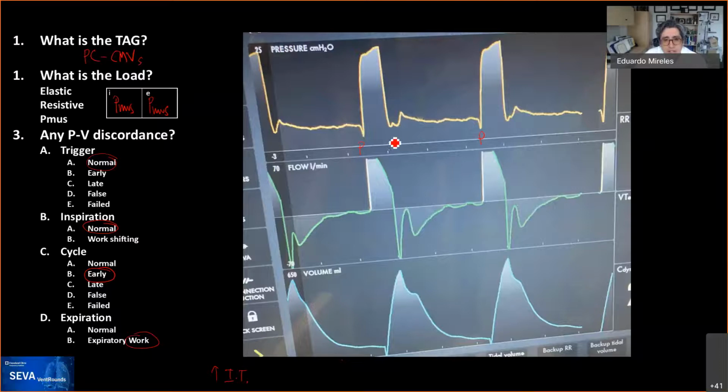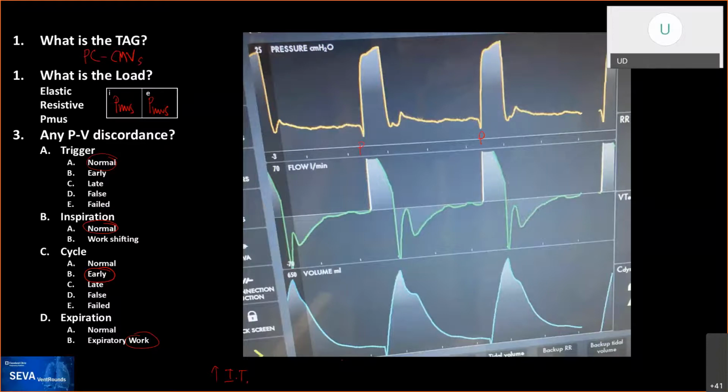And then the question is, is it machine cycled under these circumstances? So here's the question for you, and it's a little bit tricky. Could this happen, Udi, if this was a CSV breath? How would you differentiate between CSV and CMV here?